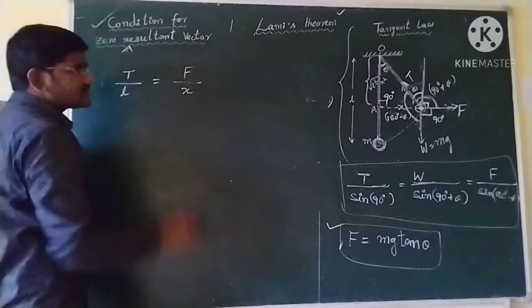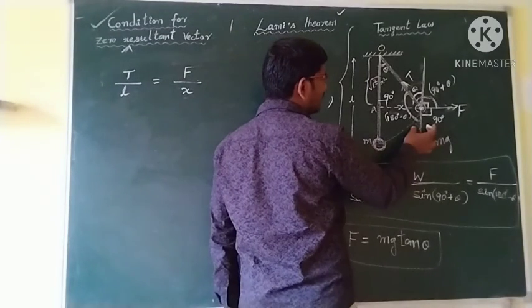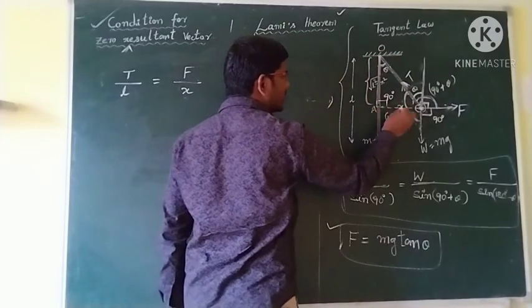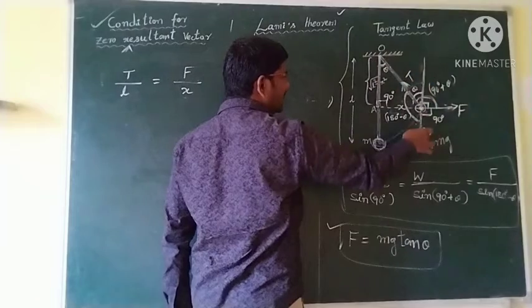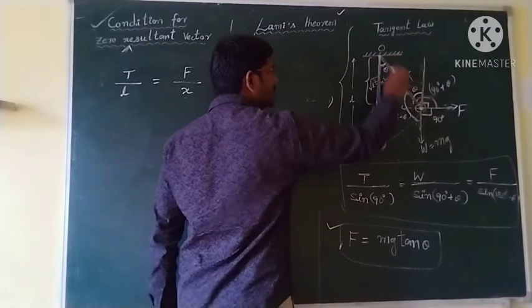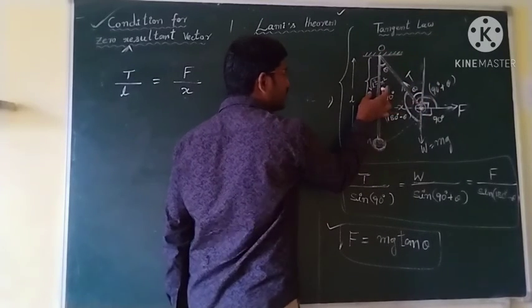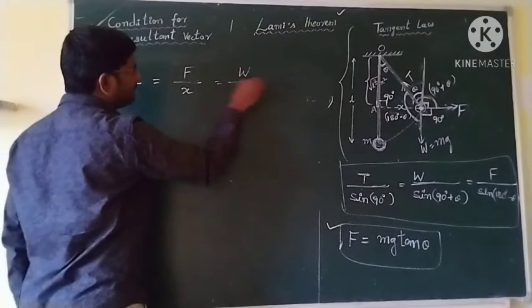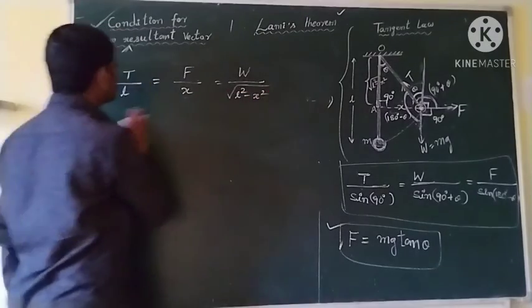Then you can write F by x, and next one you can write weight. So weight is acting along this direction. This is the triangle. So this is totally L and this is x. This is the hypotenuse. So root over L square minus x square, you will get W by root over L square minus x square.